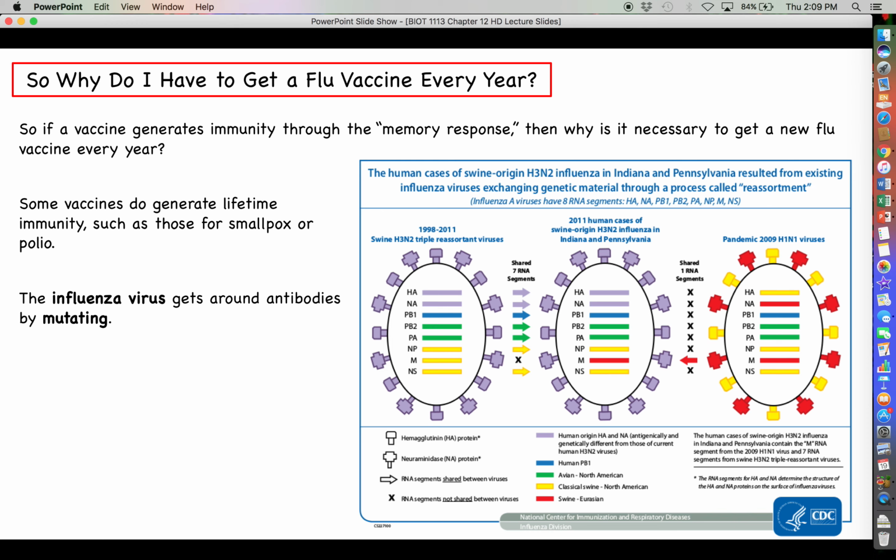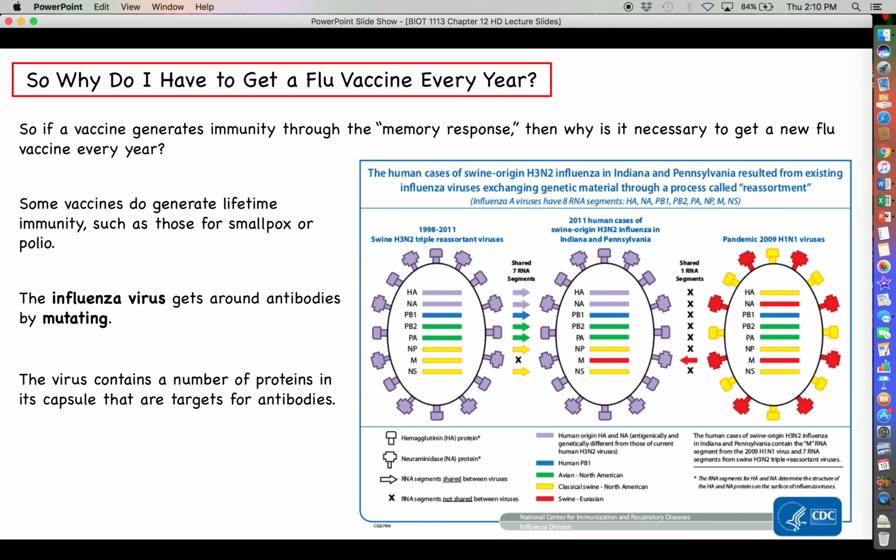So, a lot of what scientists who study the influenza virus are doing all year round is they are trying to predict what kind of mutations the flu virus is going to make, so that we can make new vaccinations that will counter it, so that we greatly reduce the number of people that are going to get sick. So as we said, the virus does contain a number of proteins that are potential vaccine targets.